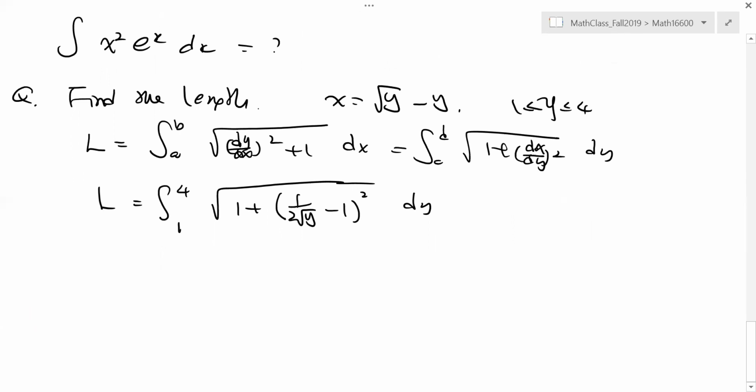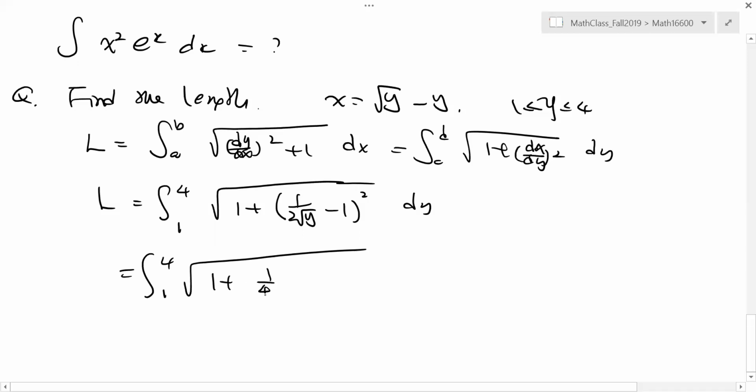We carefully choose a function, so you have to combine them into a square. Okay, then you get rid of radicals. So let's do this. It's going to be quarter y minus square root of y plus 1. Right?